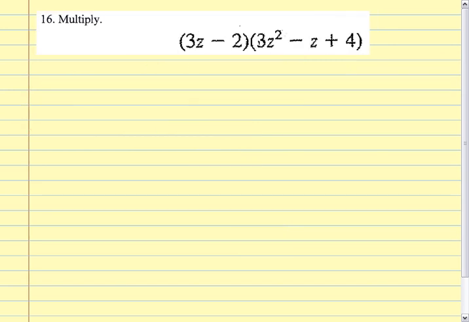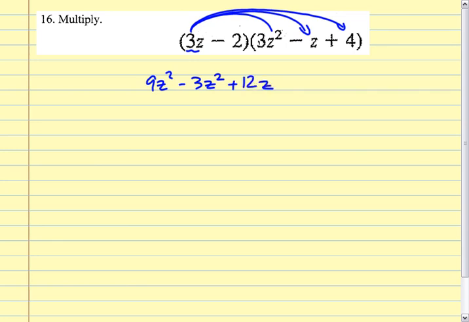It just says multiply. Okay, now, it's telling us to multiply. You see these parentheses are right next to each other. That means I need to multiply this stuff by this stuff. Okay? So, all I do is just distribute. I'm going to do 3z first. So 3z times 3z squared is 9z squared. 3z times minus z is minus 3z squared. 3z times positive 4 is plus 12z.